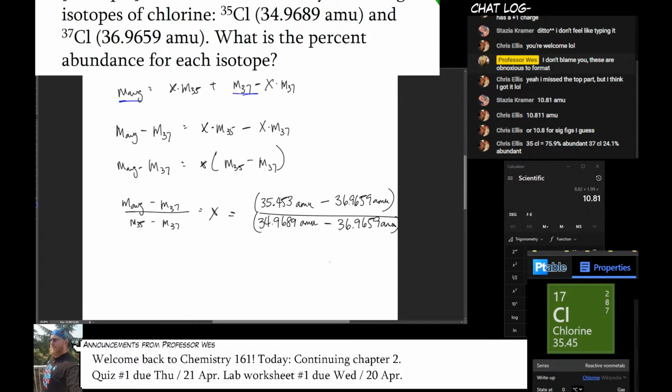And when I do this in the calculator, I get x equals, so there's my top number. And I get 3 decimal places. So I get this. And then the bottom number, I get 4 decimal places.